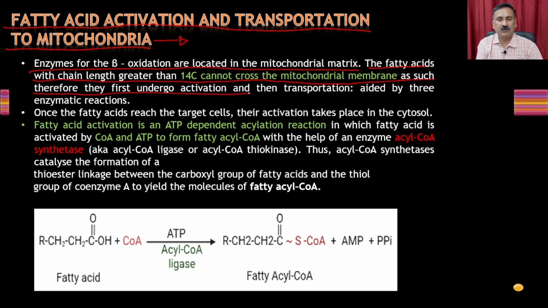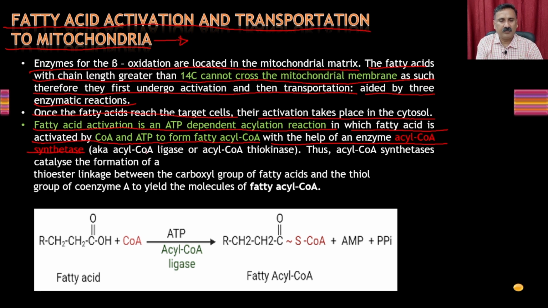Therefore, they undergo activation and then transportation aided by 3 enzymatic reactions. Once the fatty acid reaches the target cell, its activation takes place in the cytosol. Fatty acid activation is an ATP dependent acylation reaction in which the fatty acid is activated by coenzyme A and ATP to form fatty acyl CoA with the help of an enzyme called acyl CoA synthetase. Okay.